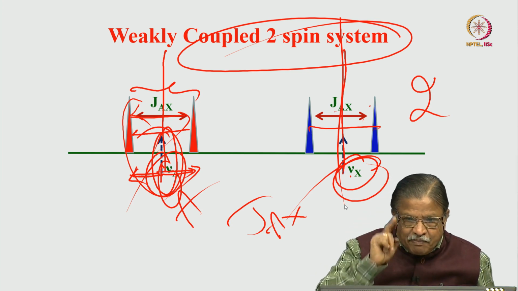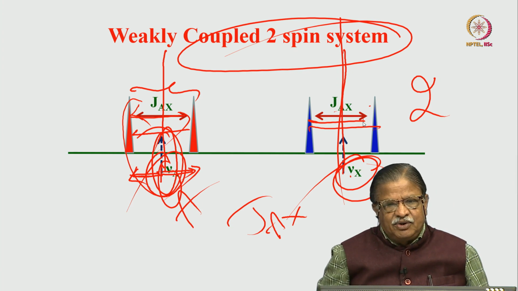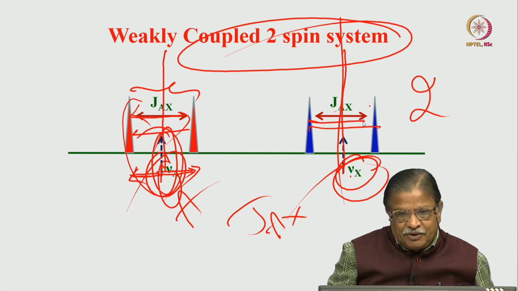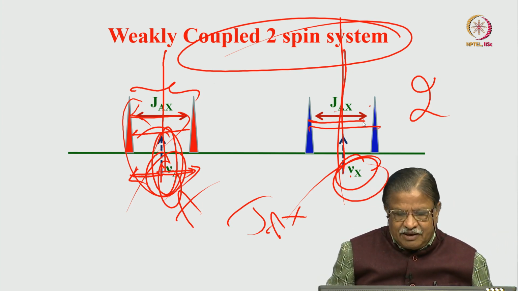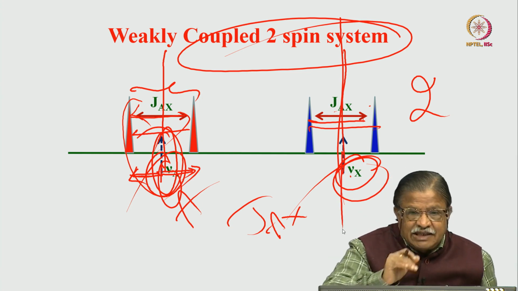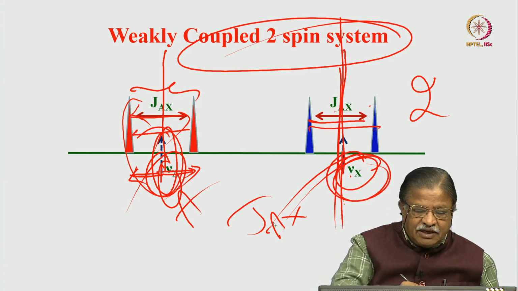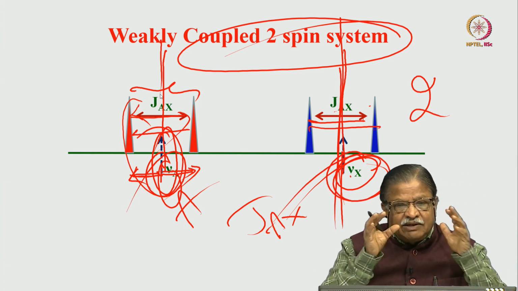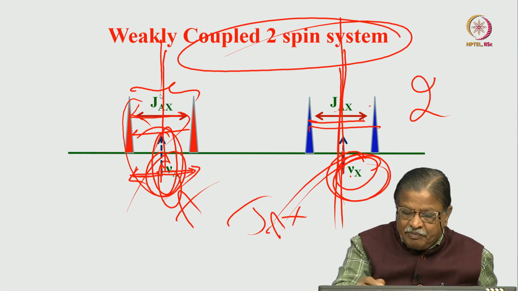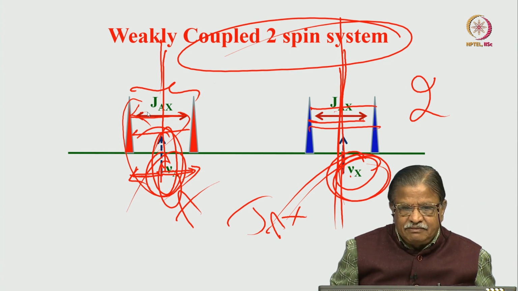Remember, each proton will be a doublet, and the separation of this doublet gives you the J coupling value. That is what you are going to measure, and the center of this doublet always corresponds to its chemical shift. The center of this doublet corresponds to the chemical shift of X, and the center of this doublet corresponds to the chemical shift of A. The separation within these doublets corresponds to the J coupling.